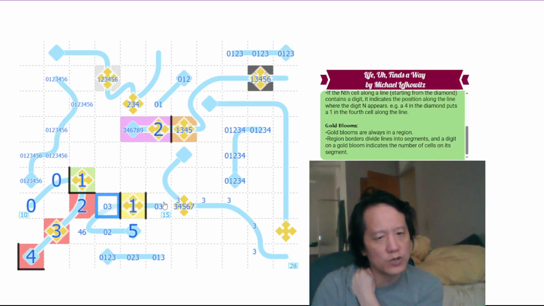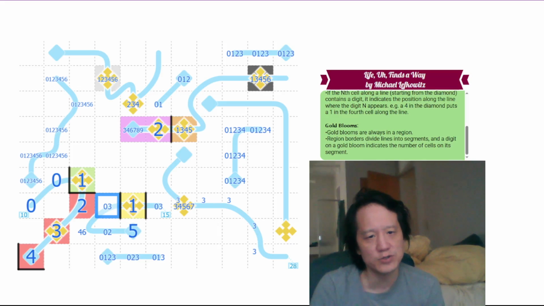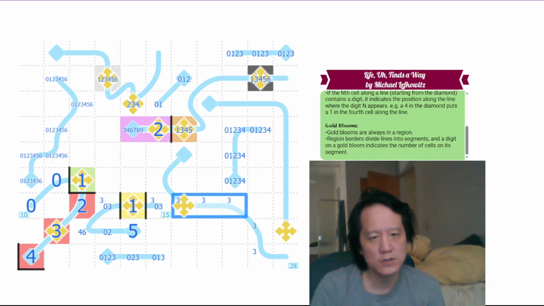Yeah. One of them has to be 0, the other one has to be 3. So that means 3 cannot be any of these cells. That means 3 must be in 1, 2, 3, 4, 5, 6, or 7.